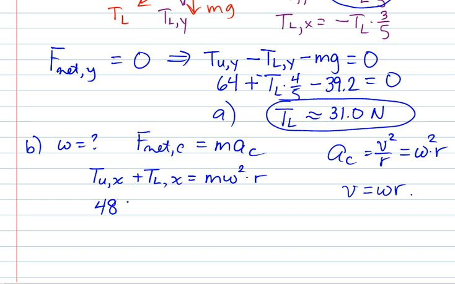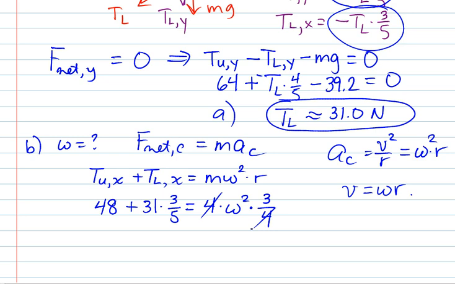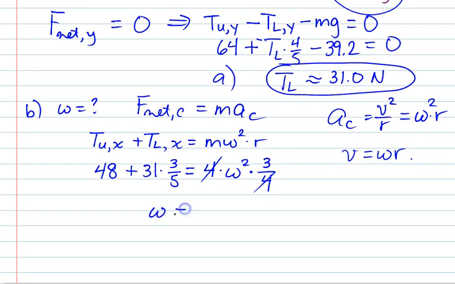T lower in the x direction is now going to be 31 times the cosine of the angle, or we could just write times 3/5, and that's equal to mass times omega squared times r, and r is 0.75 or 3/4. If you solve that for omega, you're going to find something right around 4.71, but that's in units of radians per second. And those are the units that come out if we have newtons, meters, and kilograms.